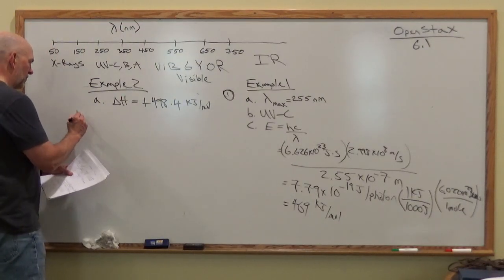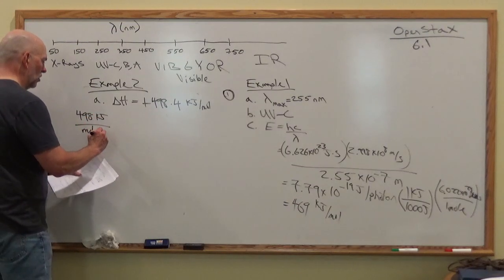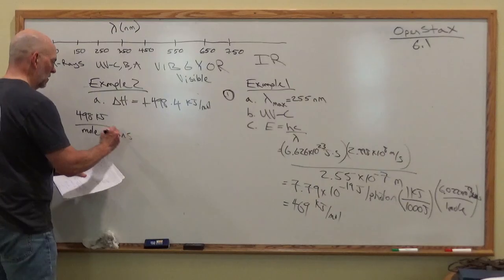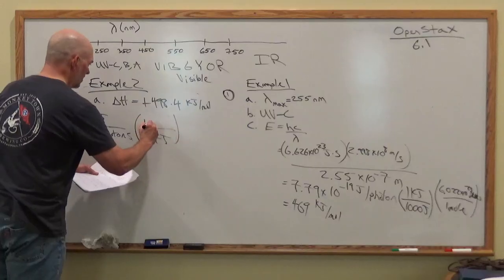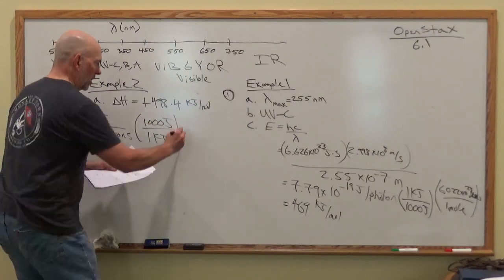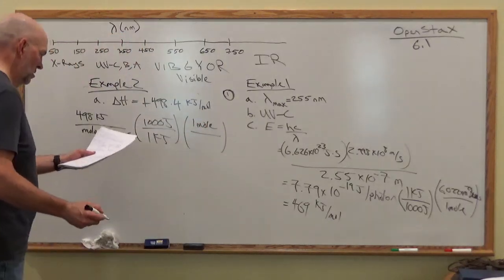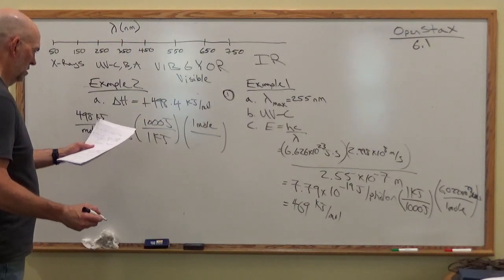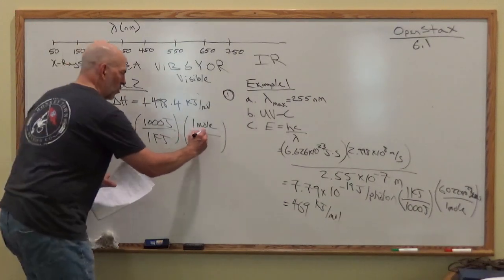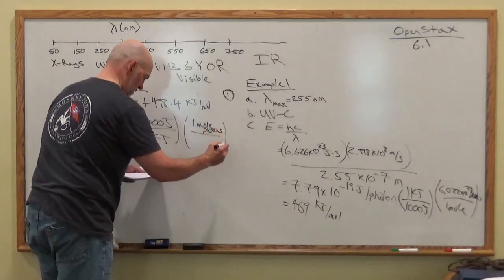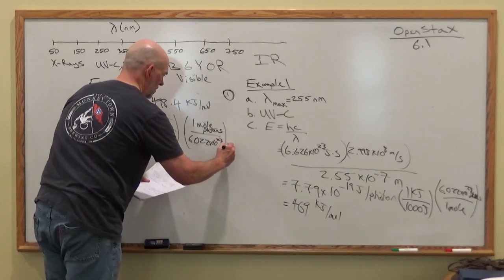So this is 498 kilojoules per mole of photons. It's kind of like reverse. We know a kilojoule is 1,000 joules, and we know a mole of photons is 6.022 times 10 to the 23rd photons.